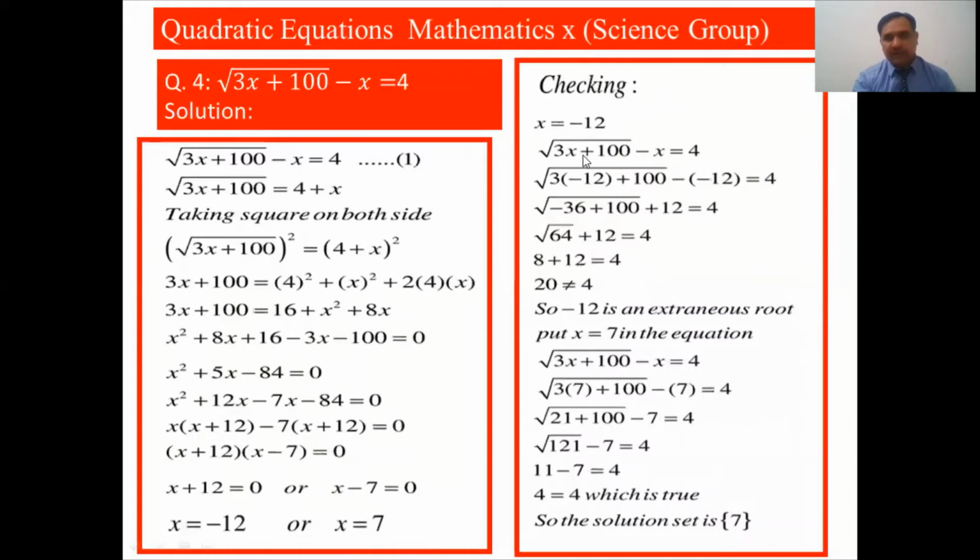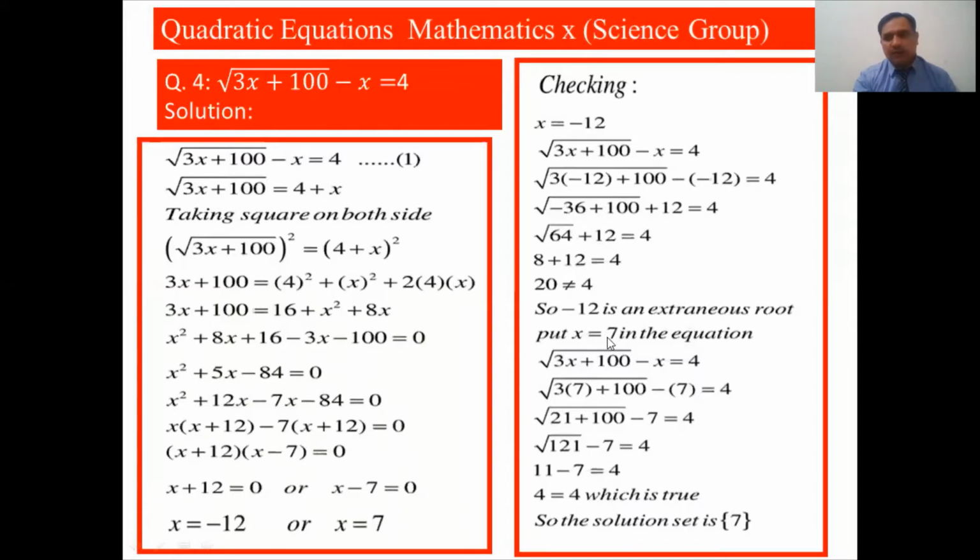When we put x is equal to minus 12, we have this type of expression. So after simplification, we have 20 is equal to 4. So we know that 20 is not equal to 4. So minus 12 is an extraneous root. Why? Because this root is not satisfying the given equation.